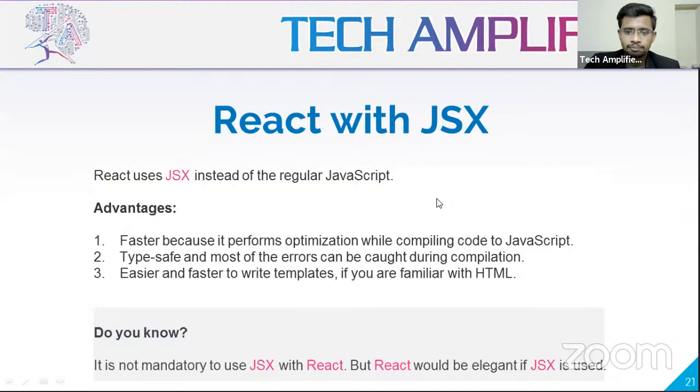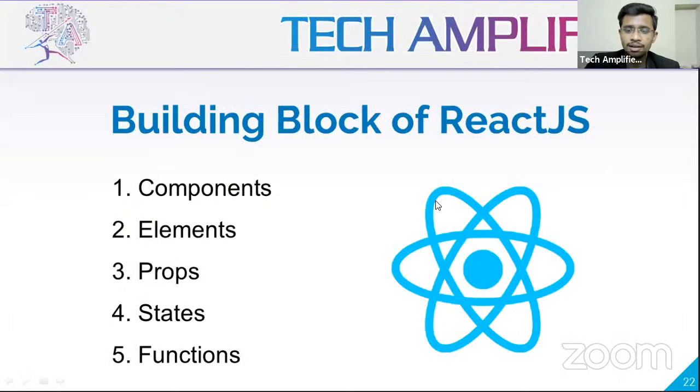Okay, fine. So let's learn the building blocks of React. Now we talked about why, what is DOM. We covered a lot of things. Can anybody list out the concepts that we learned till now? We learned the life cycle, what exactly it is, then various other things. Now the next point is the building blocks. Without components, without elements, without props, without states, React is nothing.